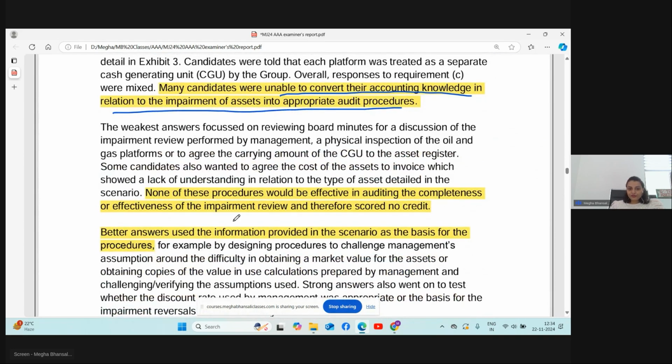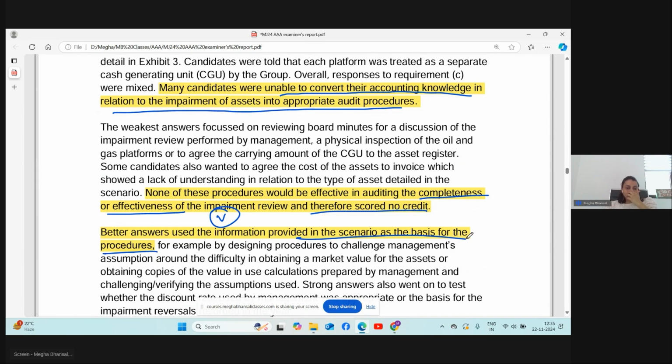So they're saying in case of impairment, if you have spoken about any procedure on completeness or effectiveness, then you did not score any credit because impairment is typically around valuation. So look at what assertions and then elaborate. For a better answer, use the information provided in the scenario as the basis of procedure. Again, impairment can have multiple things.